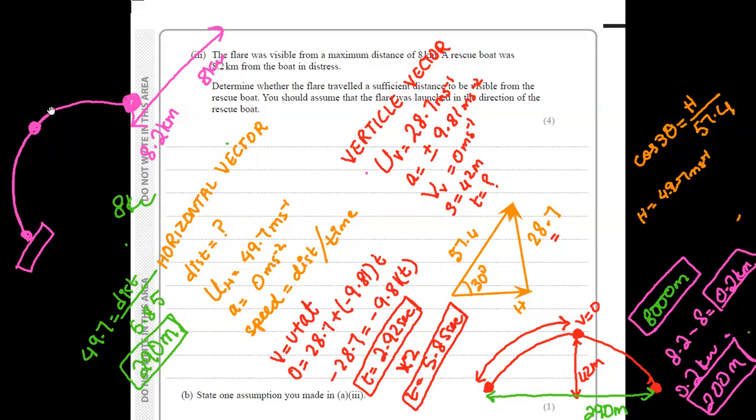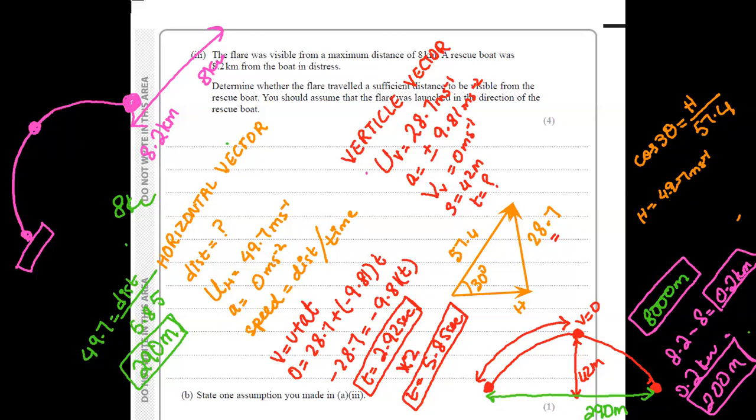In the entire path of the flare, the rescue boat has to be within 8 kilometers.